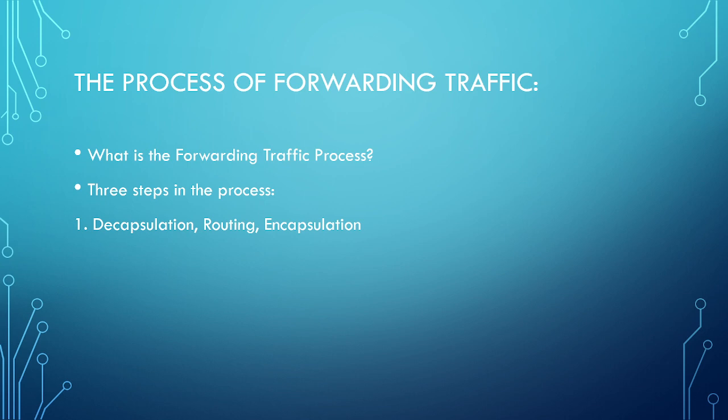Secondly, the routing step involves the router determining the destination VLAN for the specific packets via the destination IP address that is provided on the network. Thirdly, encapsulation, where the router adds the header information for the destination VLAN to the packet. After the packet is encapsulated, the router will send it towards the destination VLAN.